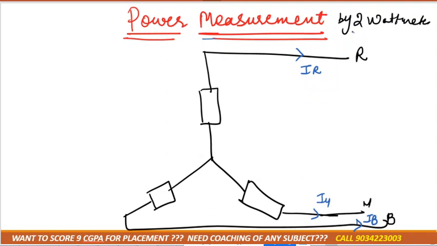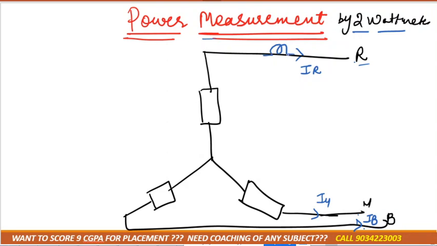Okay, so we have to use 2 wattmeters. We can use any 2 wattmeters in R, Y or B. That depends on you. I am using the wattmeters in R and Y. You can use the wattmeters in Y and B, or in R and B. So one of the wattmeters I connected with the R line.